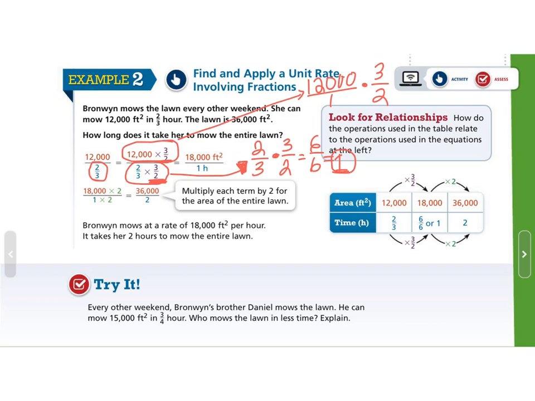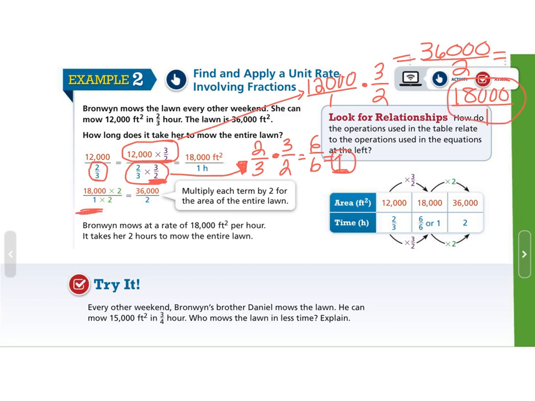You do the 12,000 times 3, and you get 36,000 over 1 times 2, which is 2, and then you can simplify that to 18,000 over 1 if you're looking for a unit rate. Okay, and that's exactly what they did right here.